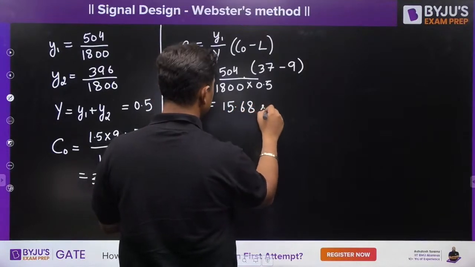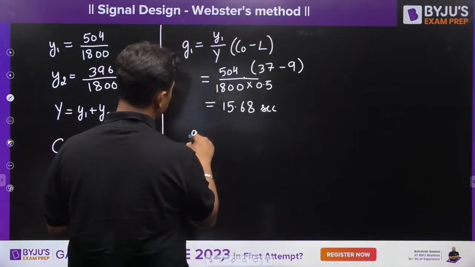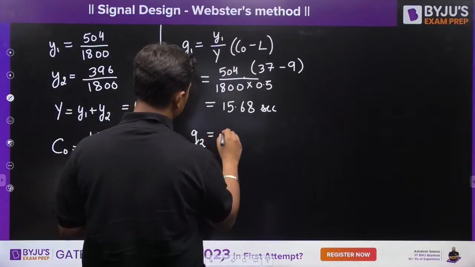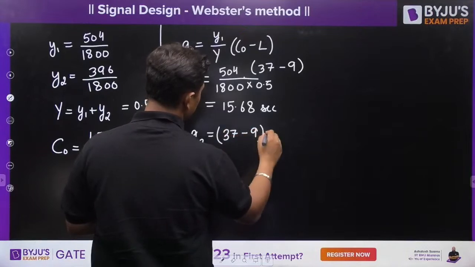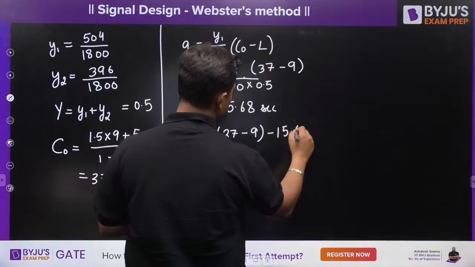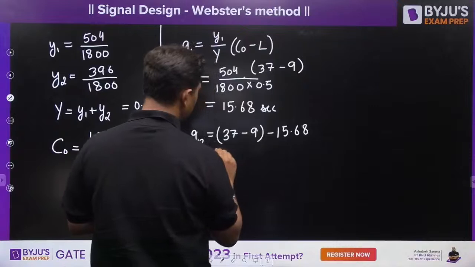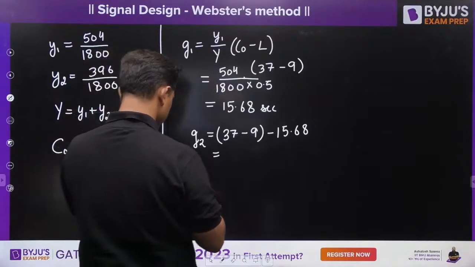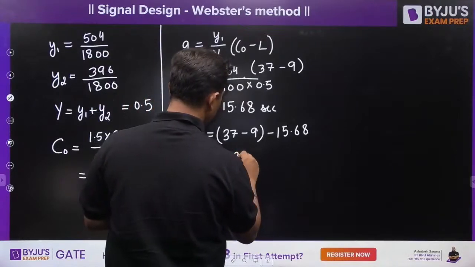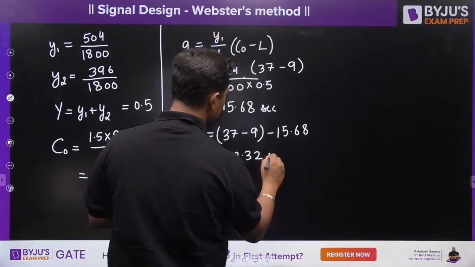15.68 second, and effective green time for phase 2 will come out to be equal to 37 minus 9 minus 15.68, which is equal to 12.32 second.